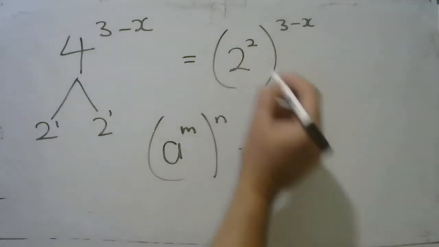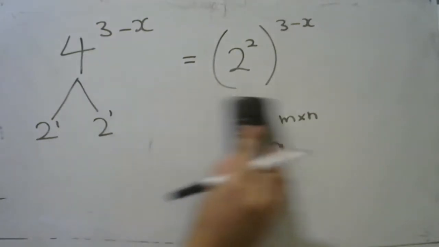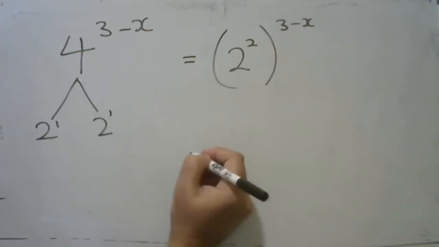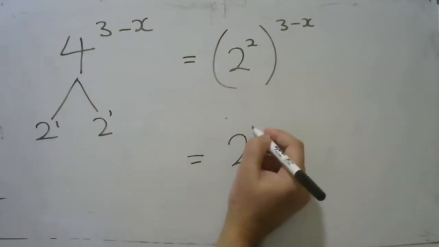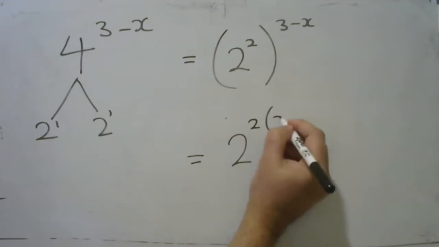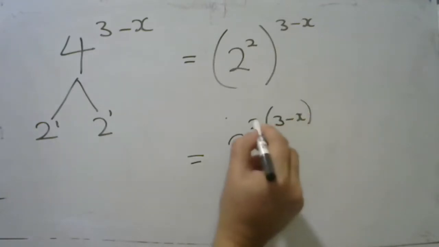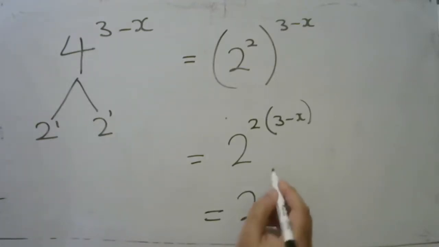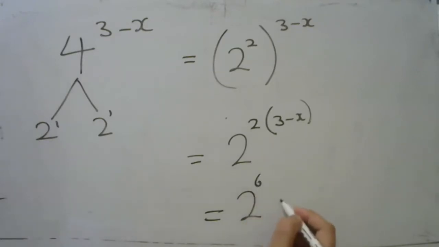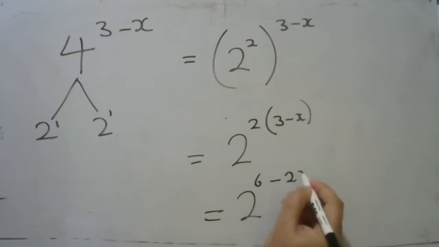So this here can be reduced to 2 to the 2 times 3 minus x. This is like m, this is like n, which becomes 2 to the 2 multiplied by 3 is 6, minus 2 multiplied by minus x is minus 2x.